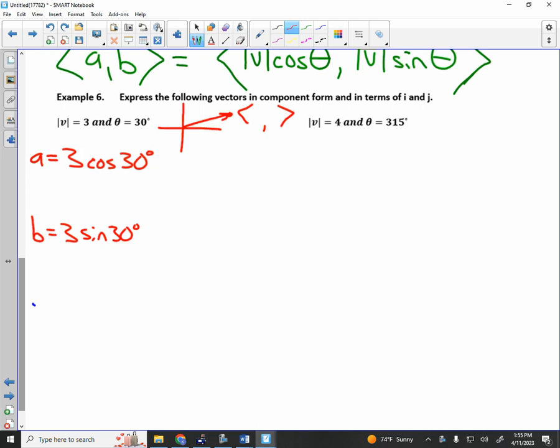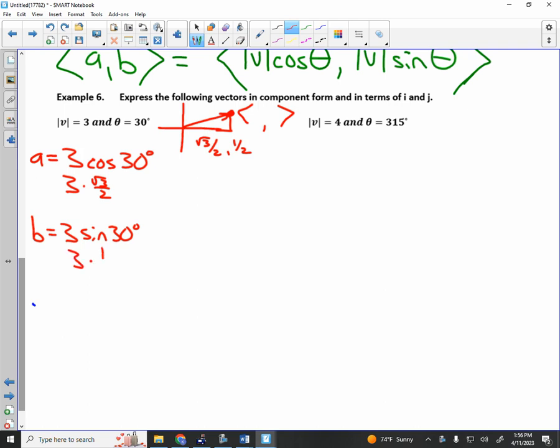Now, if you're able to determine an exact value, then I want you to do that. So, for a 30-degree angle, what is the terminal point right there? Root 3 over 2, 1/2. So cosine is the x value, so we have 3 times root 3 over 2. And sine of 30 would be 1/2.